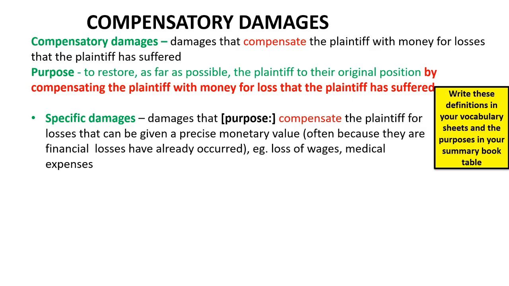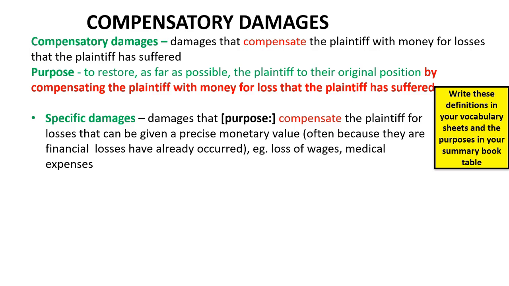If the plaintiff has lost wages worth $2,000, then the plaintiff will be given specific damages of $2,000. If the plaintiff has paid $5,000 in medical expenses, then the plaintiff will be given specific damages of $5,000. So, where a loss is covered by specific damages, those damages perfectly restore the plaintiff to their original financial position.